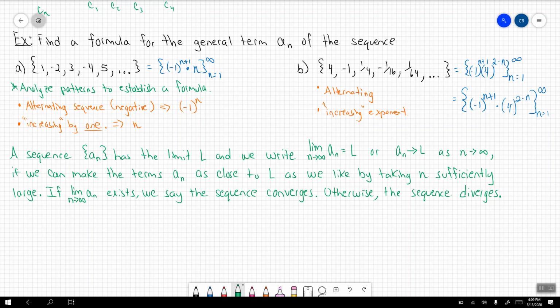If the limit of a sub n does exist as n goes towards infinity, then we say that the sequence converges. Otherwise, the sequence diverges.